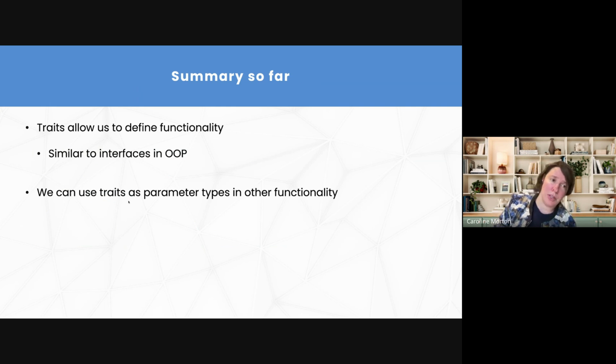Cool. So traits allow us to define our functionality. They're very similar to interfaces in object-oriented programming, and they allow us to surgically apply functionality to different structs, structs being objects and classes in other languages, depending where you come from.